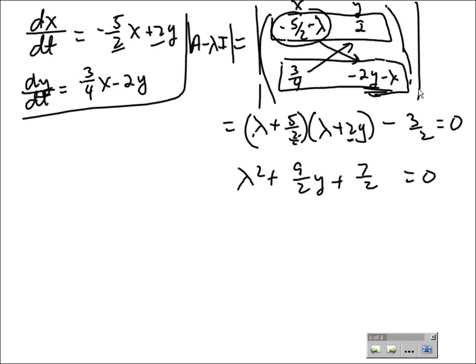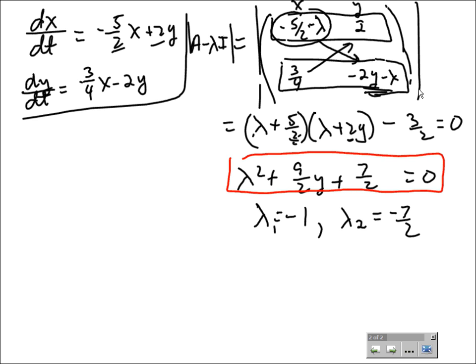Now, there's lots of ways of doing this. Already did it. Let's just write down the answers. Turns out that one root is -1 and the other root is -7 halves. So those are the solutions to the characteristic equation. By the way, this here is the characteristic equation. It's this equals 0.